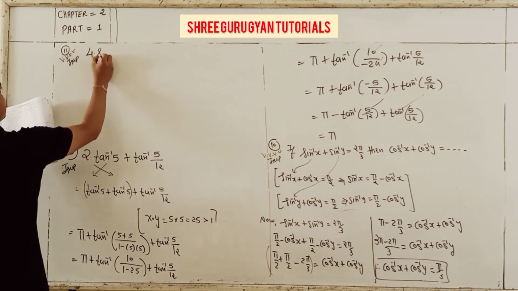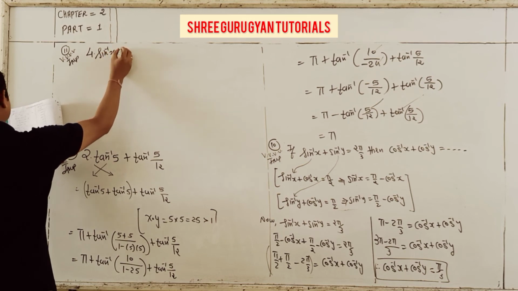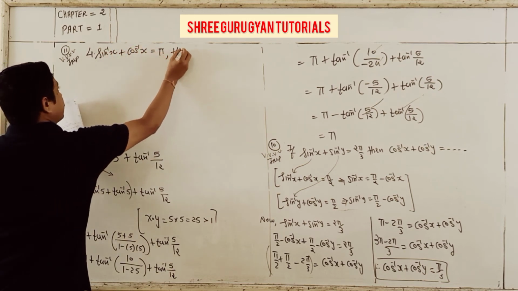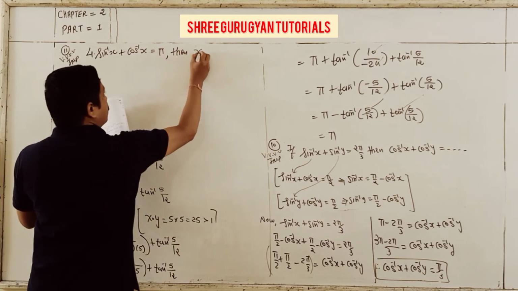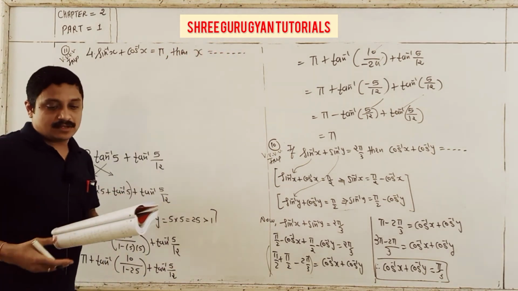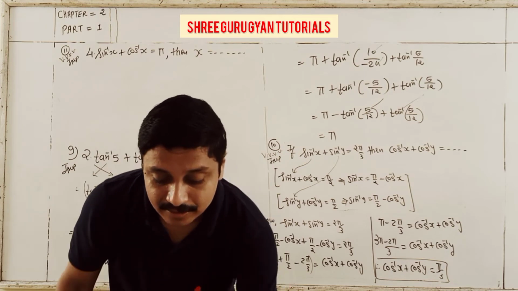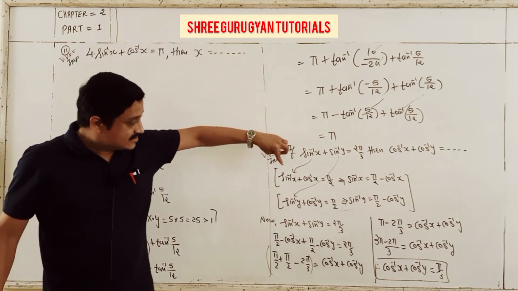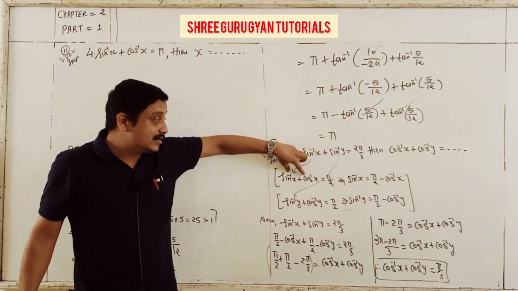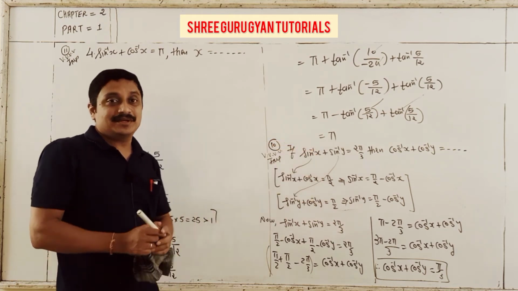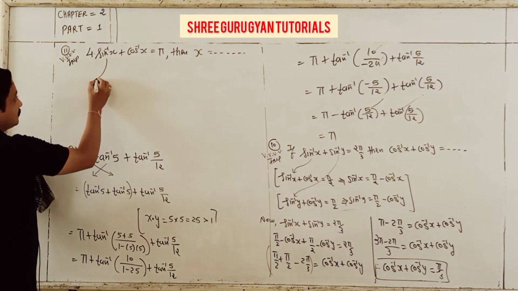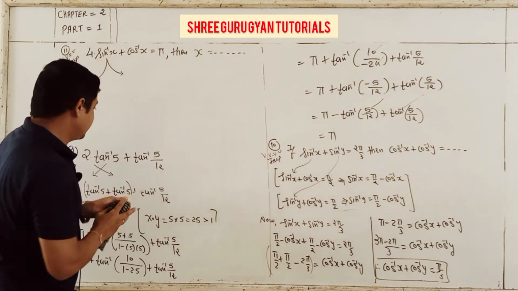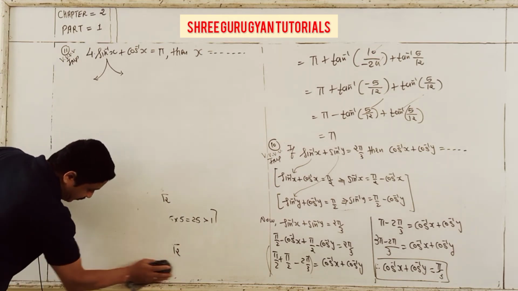If 4 times sin inverse x plus cos inverse x is equal to pi, then find the value of 2x. Here also the property is the same: sin inverse x plus cos inverse x is pi by 2.